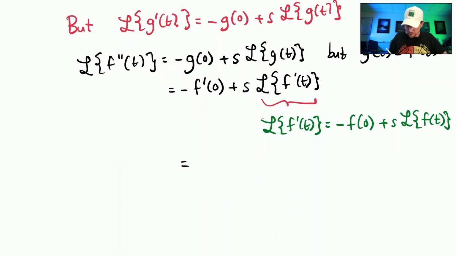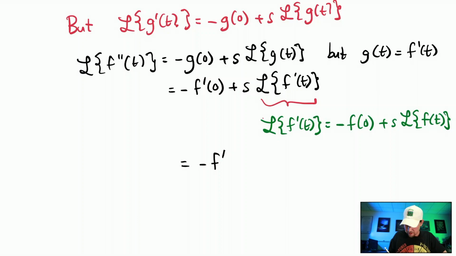So using this result, we actually have from the above equal sign, f prime of 0 plus s times minus f of 0 plus s, the Laplace transform of f.